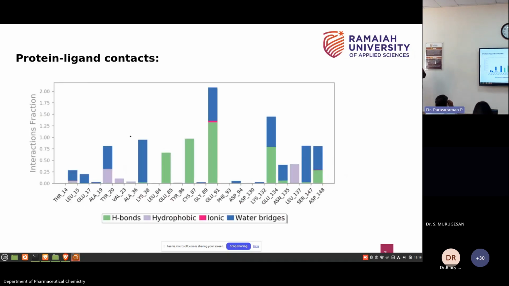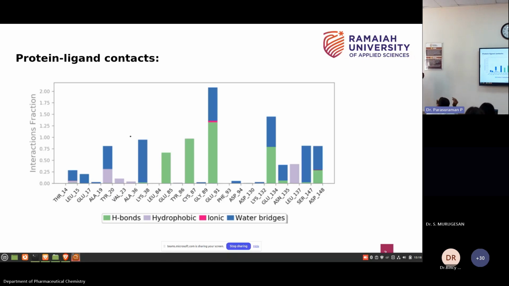Protein ligand contacts. After doing docking, we get results showing which amino acids the ligand has interactions with. Here we will have different types of non-bonded interactions, which I explained, like hydrogen bonds, hydrophobic interactions, ionic interactions, and water bridges, like hydrogen bond mediated with ionic bridges and hydrophobic.